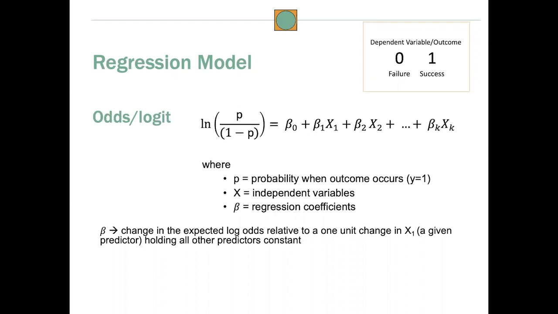Notice that we are talking about the change in the expected log odds or predicted change in the logits. Thus, the regression coefficients or odds or regression slopes should not be directly interpreted as the amount of change, but rather should be interpreted for the direction of change.